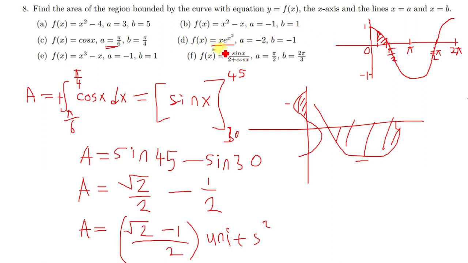You integrate this. Of course, you can see that this can be integrated using either by parts or, okay, let me just integrate it, and we'll also find the area. Let me just finish all these questions.